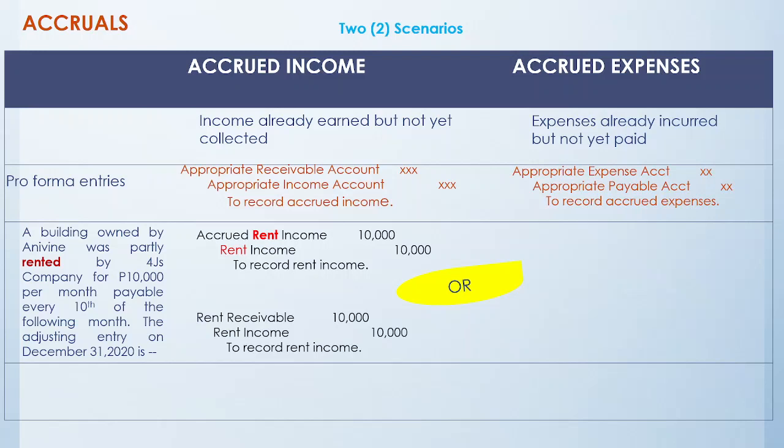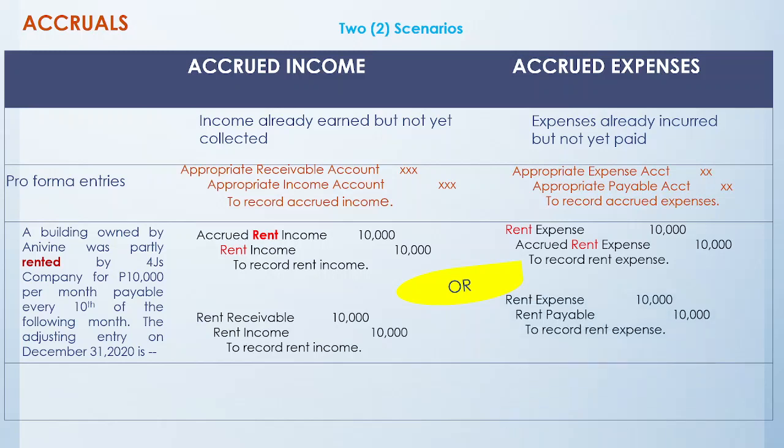While for Forges Company, it should record the expenses incurred, although it's not yet paid, by debiting rent expense, of course $10,000, and crediting accrued rent expense $10,000, or we can have this entry. Of course, as you can see, in our entry, it increases both our expenses and our liability account. That's all about the accruals.